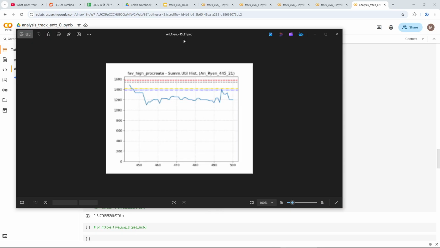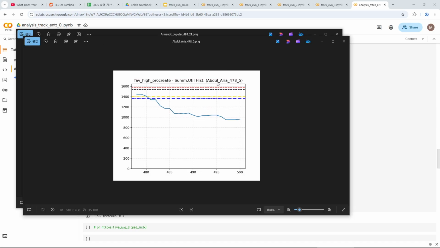See, these are not all downward slopes either, as opposed to these.